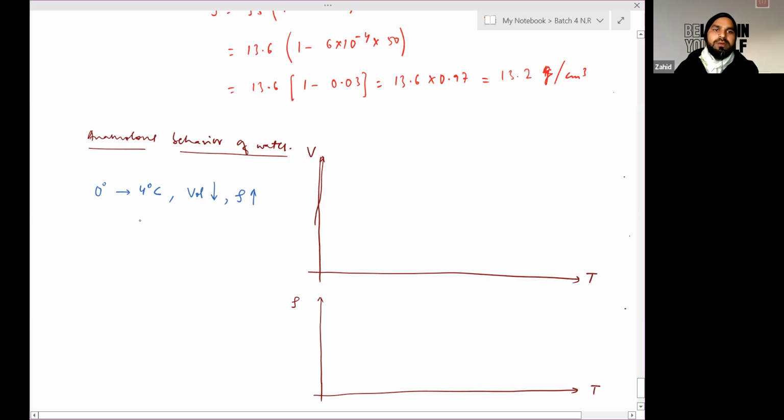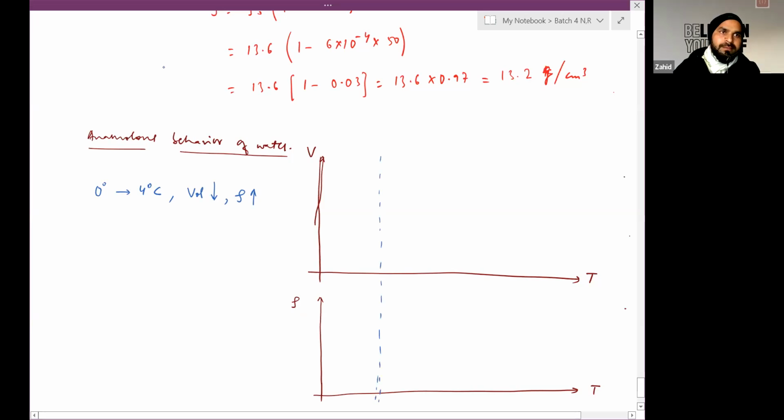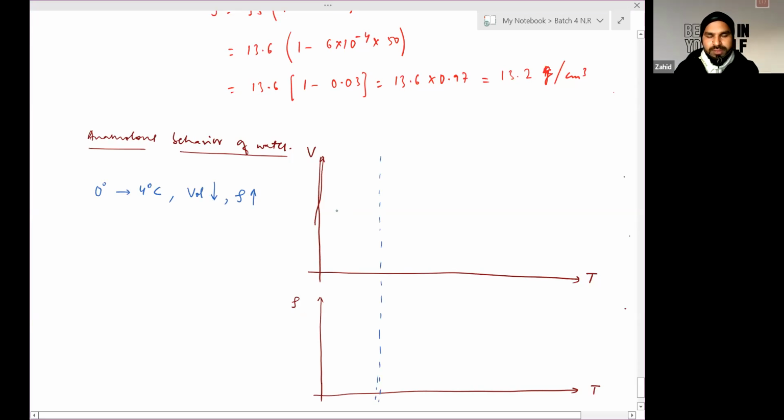So if you plot the variation of volume and the variation of density for this part, on going from 0 degrees Celsius to 4 degrees Celsius, volume will decrease and density will increase to its maximum.